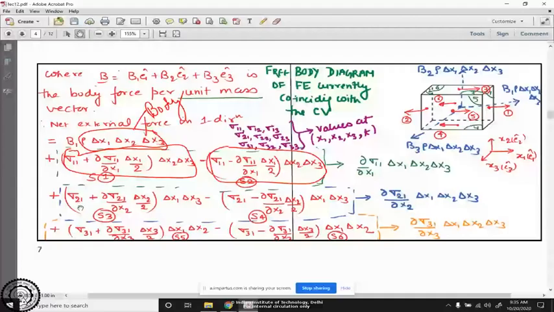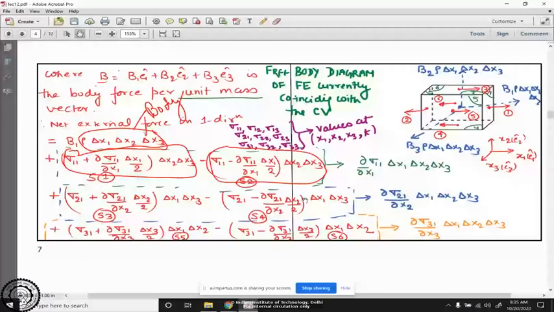So sigma 21 is here. This is the force that is being exerted on the top surface, and this is the force that is being exerted on the bottom surface. Since on the bottom surface this force is pointed down, in the minus E2 direction, I have put a minus here to get things algebraically correct. Same idea for sigma 31.